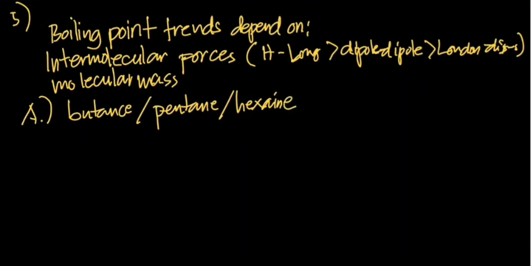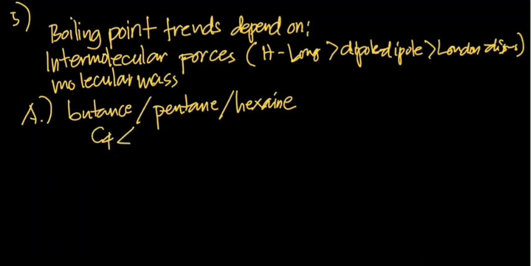So boiling point increases with chain length, right? Yeah, boiling point increases with chain length. So therefore the greatest is hexane. The boiling point of hexane is greater than that of pentane and butane.